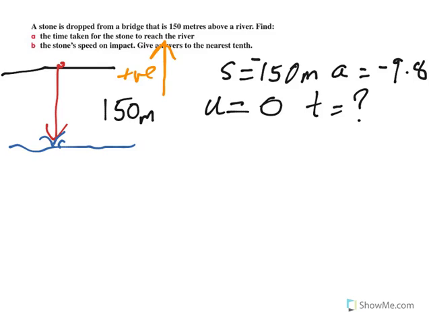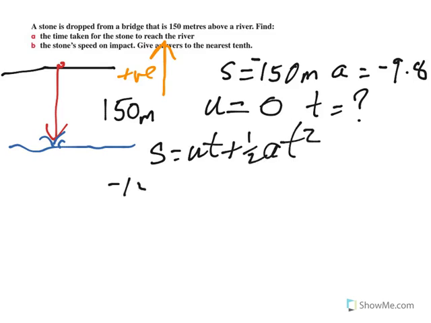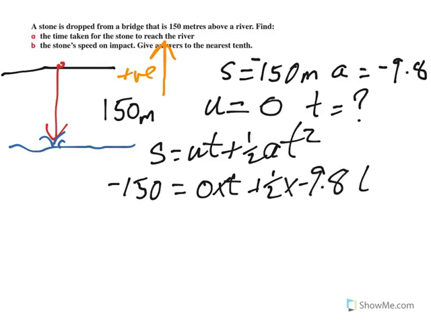So s equals ut plus a half at squared. So negative 150 equals 0 times t plus a half times negative 9.8 t squared.